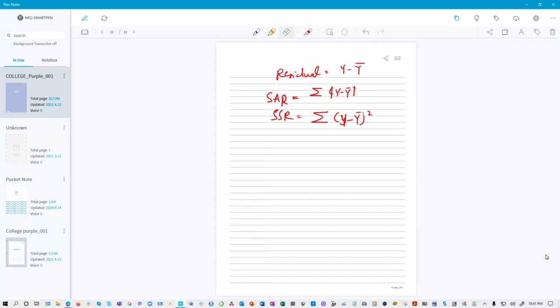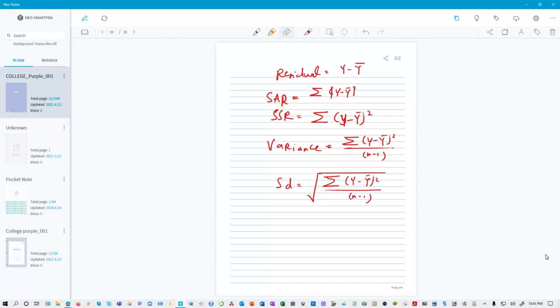Look at how different the thing is. Then if you want the variance, you remember what I did: I got the SSR and divided by the degrees of freedom. If you need the standard deviation, I took the square root of that.